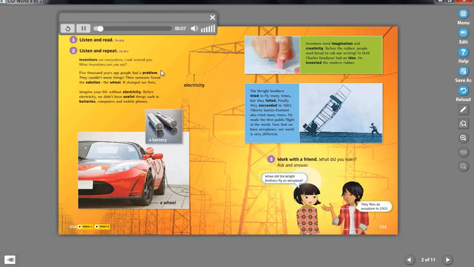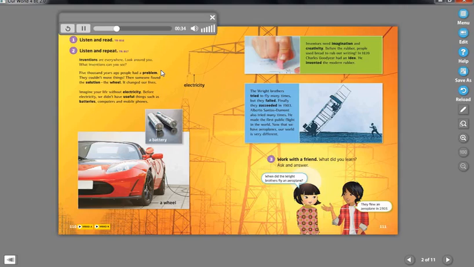An invention. The rubber was a useful invention. A problem. I've got a problem. My invention isn't working. A solution. Do you know a good solution? A wheel.